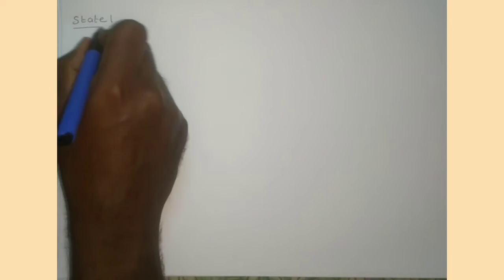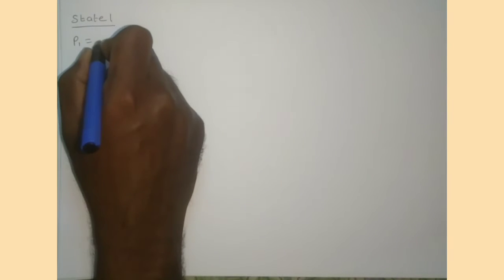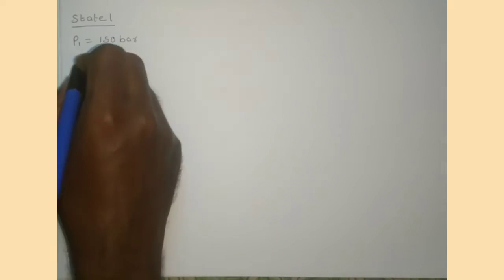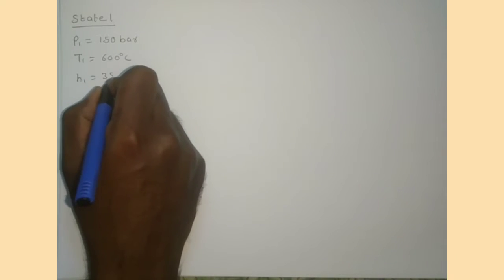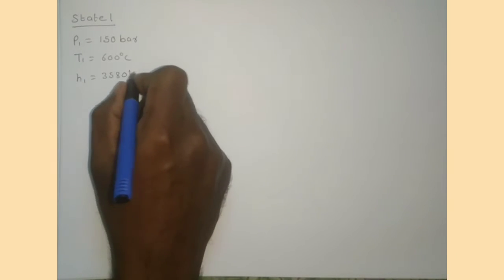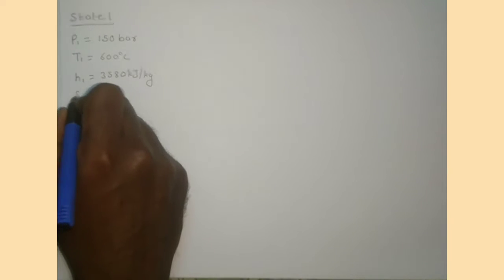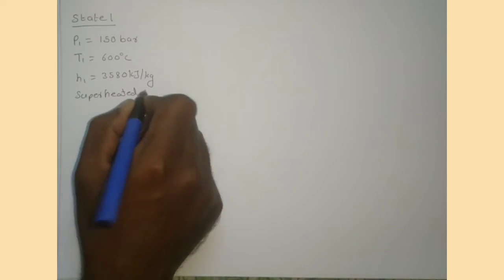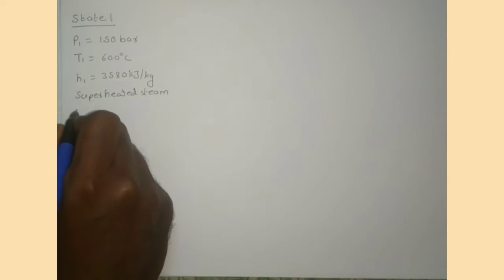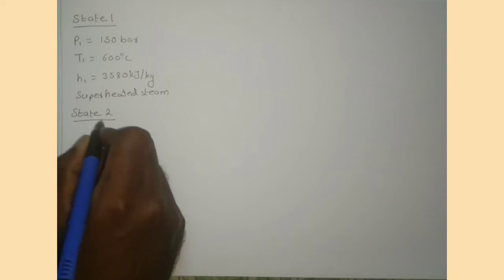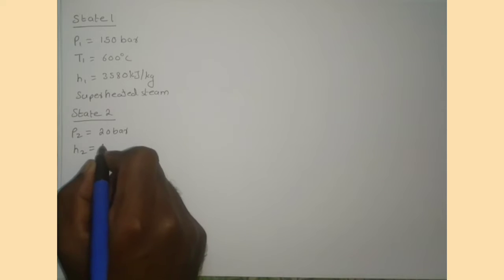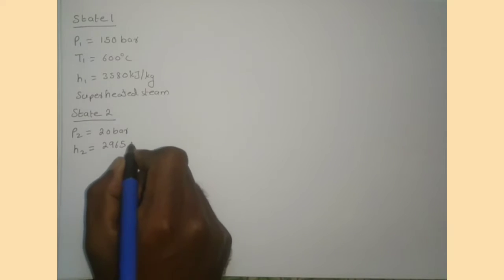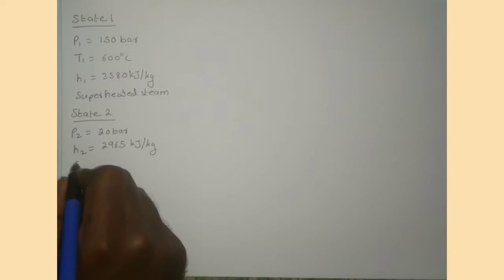At state 1, pressure P1 equals 150 bar, temperature T1 equals 600 degrees Celsius and enthalpy H1 equals 3580 kilojoule per kilogram. State 1 is in the superheated region. At state 2, pressure P2 equals 20 bar, enthalpy H2 equals 2965 kJ per kilogram.